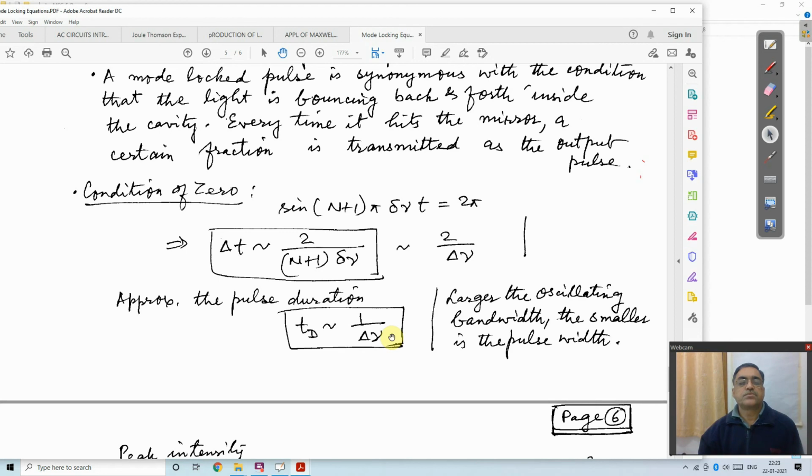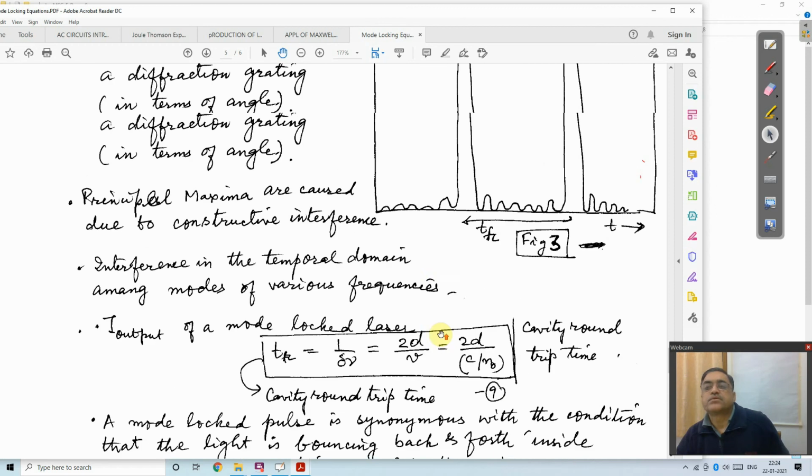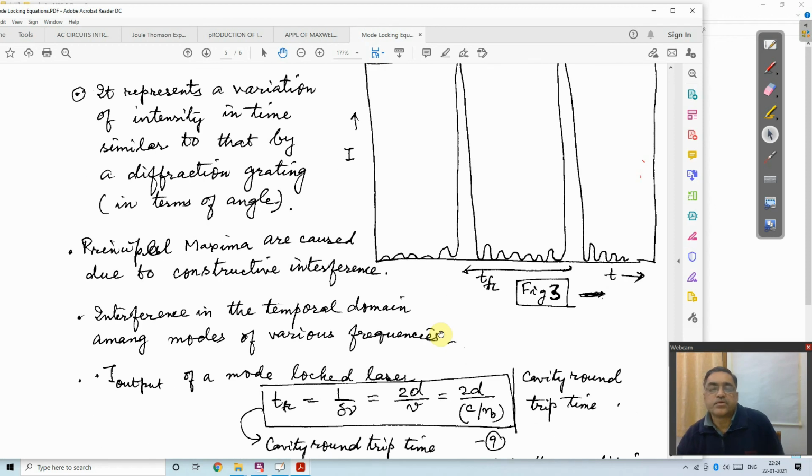So the condition of 0: the larger the oscillation bandwidth, the smaller is the pulse width. Delta t is equal to 2 over n plus 1 delta nu, which is approximately equal to 2 by delta nu. So it is the pulse duration that we justify from here also.